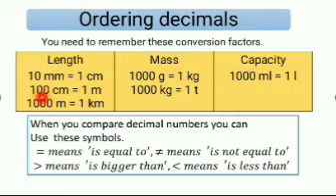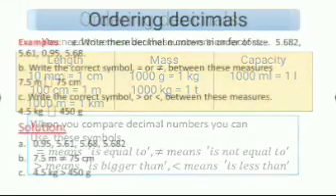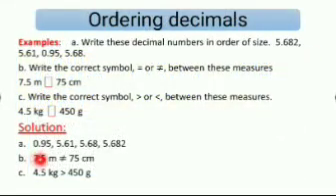Meaning that if you have 1 meter, to get the equivalent in centimeters, you must multiply by 100. So 7.5 meters will be equal to 7.5 multiplied by 100 centimeters.